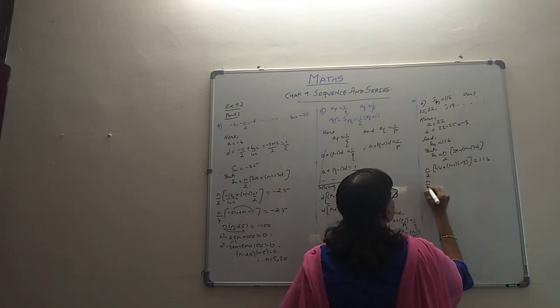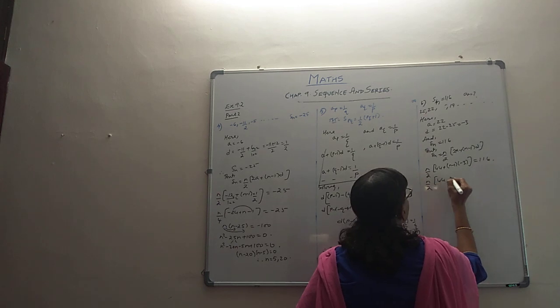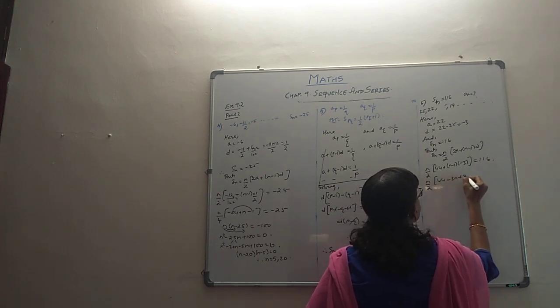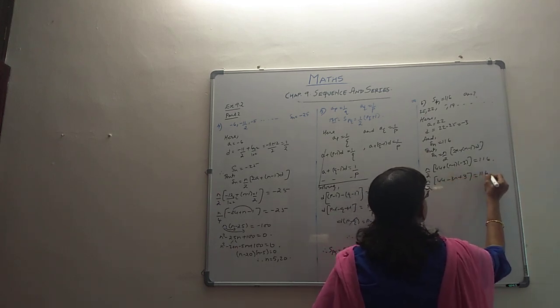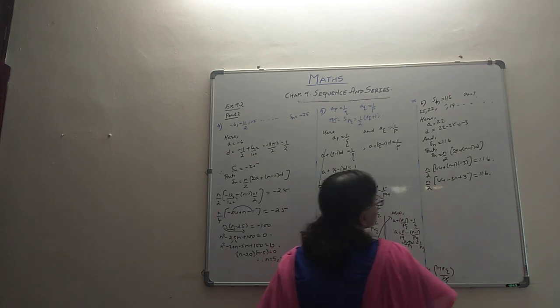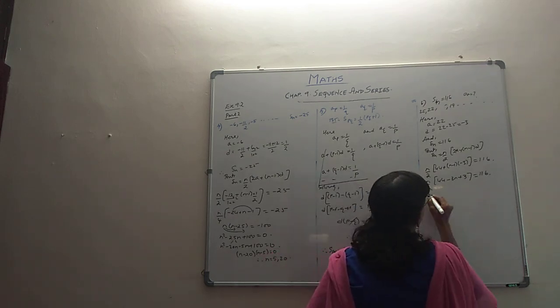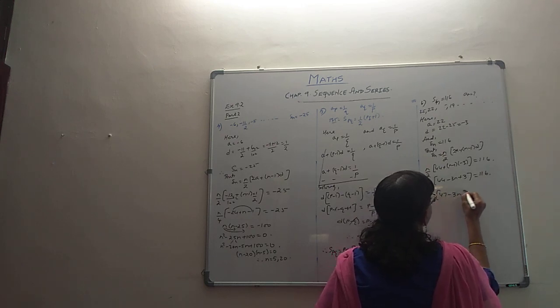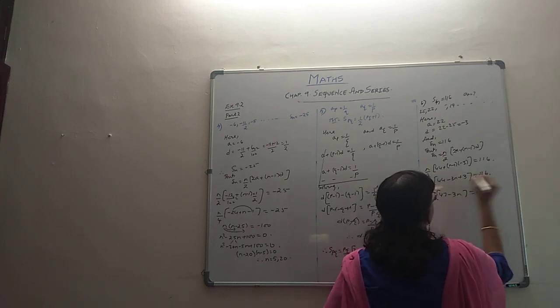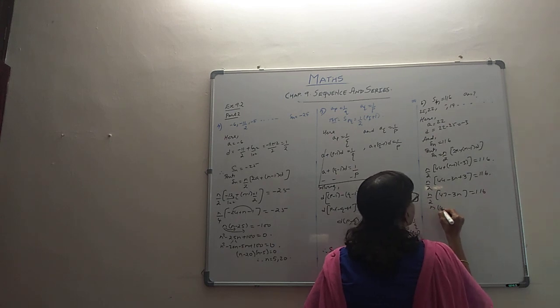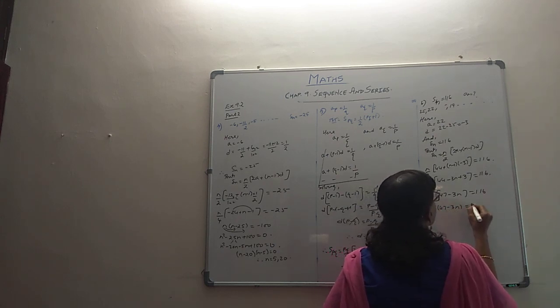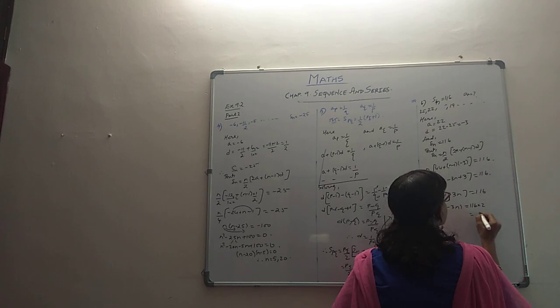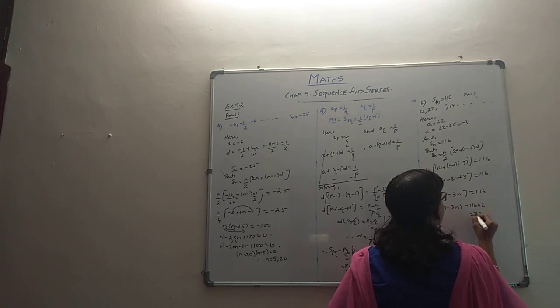So n by 2 times 44, when we open the bracket, minus 3n plus 3 is equal to 116. So how much does this come to? 47 minus 3n is 116. We are taking the 2 on the other side. 47 minus 3n, 116 into 2, 6 2s are 12, 232.